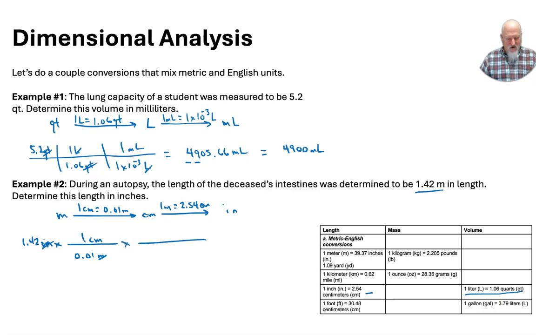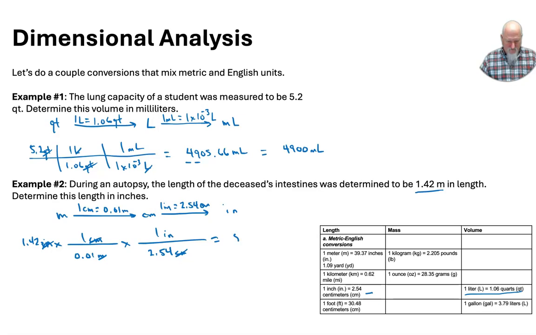Now I go centimeters to inches. The centimeter part of my conversion goes in the denominator. 2.54 centimeters is 1 inch. So the centimeters cancel, and now my units are inches, which is what I want. So doing my calculation, 1.42 divided by 0.01 divided by 2.54 because they're both in the denominator.